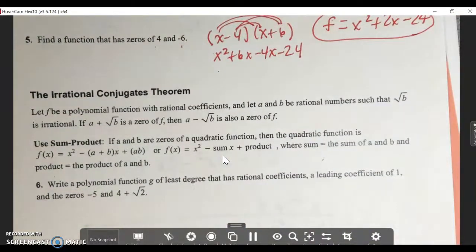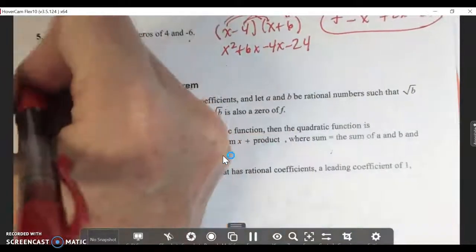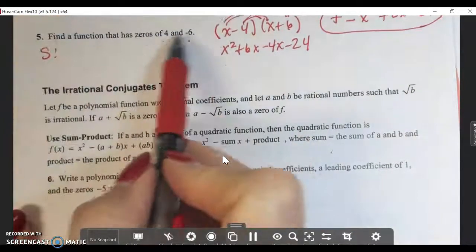The other thing we can do with this is we could find the sum and the product. So we can find the sum and the product of our zeros. So what is the sum of those two numbers? So here's our two zeros. The sum is going to be what we get when we add these.